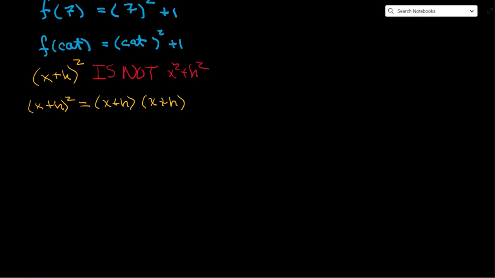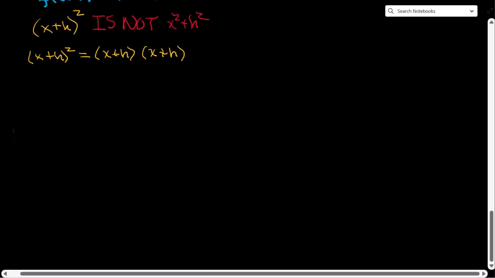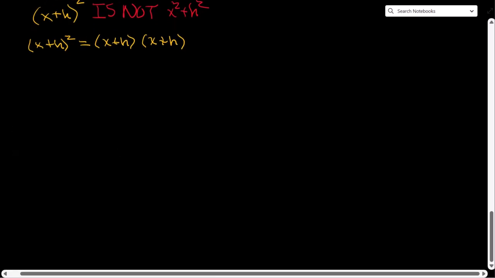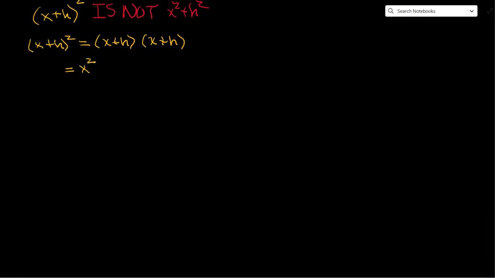This is also known as FOIL. You should be familiar with this. The x times x is going to be an x squared. When we do the x times the h, we get plus xh. Then the h times the x is still xh. And then the h times the h gives us h squared.